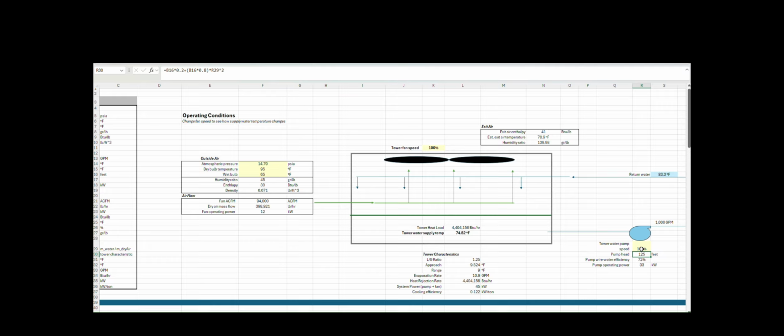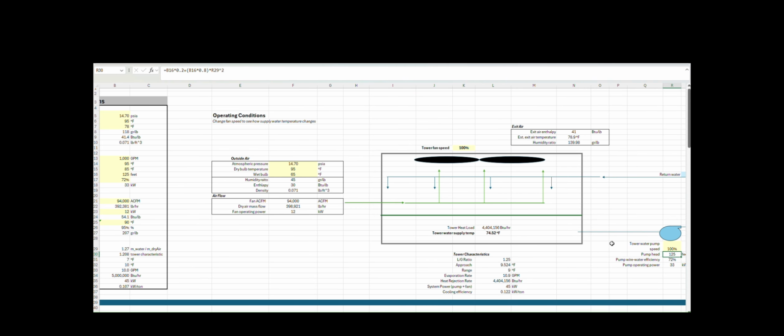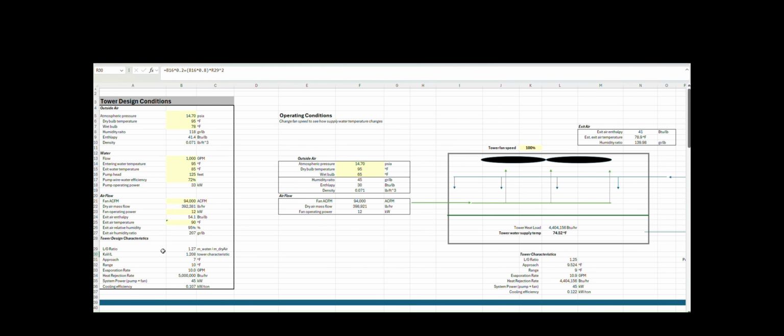If you vary your pump speed, your L/G ratio changes, but we're saying if these flows don't change, but your outdoor air conditions do change, this number still stays constant. So then you can calculate, okay, what do my water temperatures have to be in order to satisfy this? That's the value in that Merkel equation that we talked about.